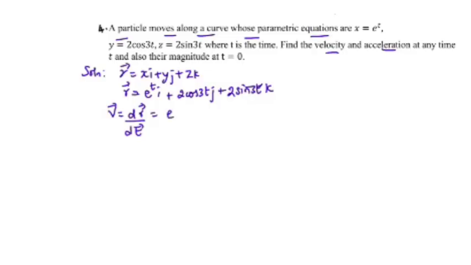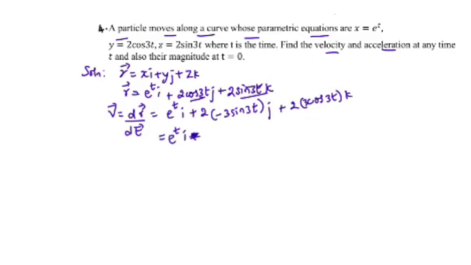That will be e power t i as it is, plus 2 cos 3t becomes minus 3 sin 3t times j, plus 2 sin 3t becomes 3 cos 3t times k. Writing this out, it will be e to the power t i minus 6 sin 3t j plus 6 cos 3t k.